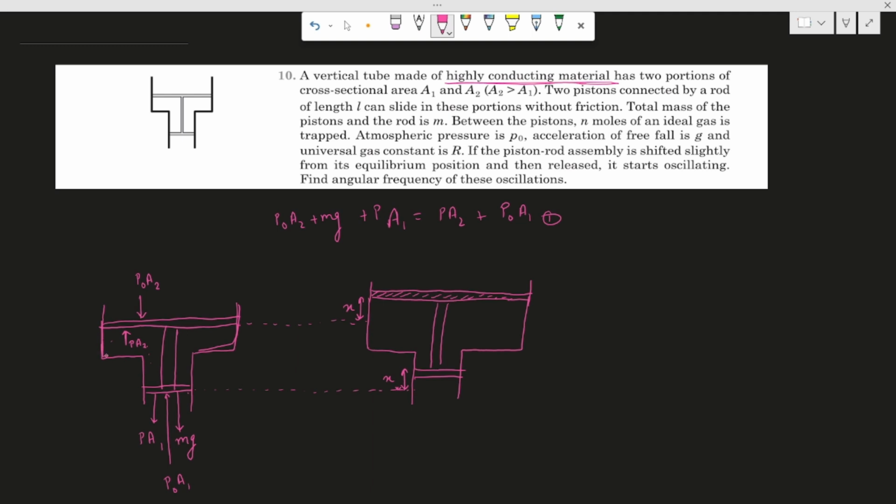So due to its high conductance, the change in temperature of the gases inside the chamber will be neutralized. Suppose the temperature of this gas chamber changes by delta T. That delta T temperature will be conducted through this tube.